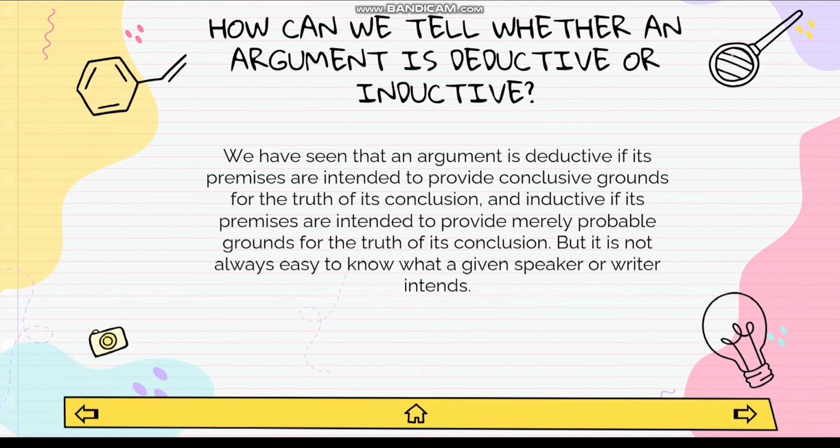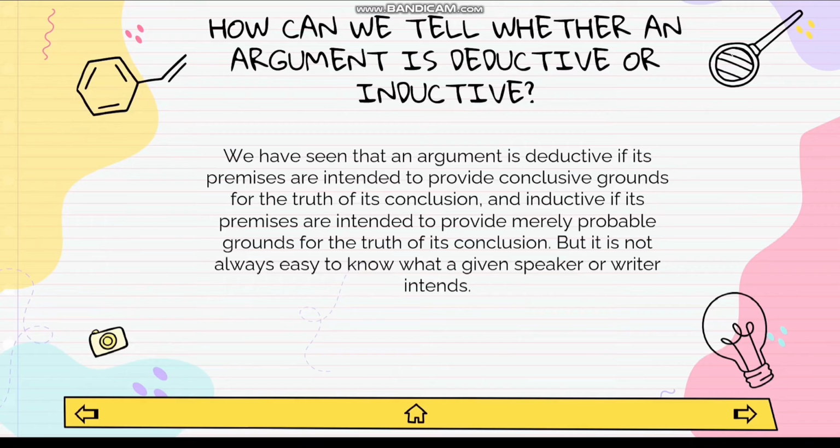We have seen that an argument is deductive if its premises are intended to provide conclusive ground for the truth of its conclusion, and inductive if its premises are intended to provide merely probable ground for the truth of its conclusion.